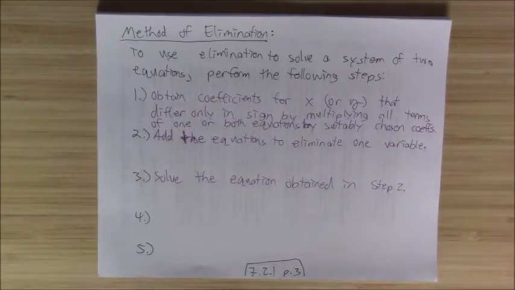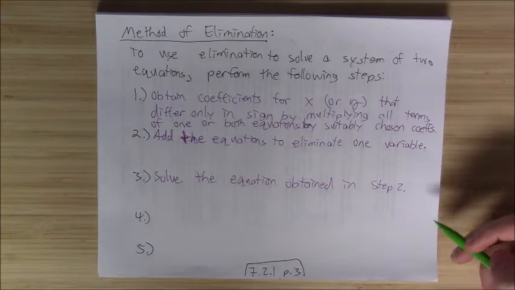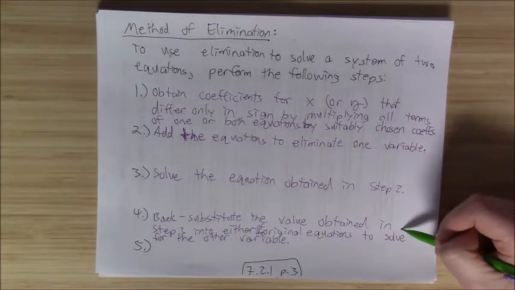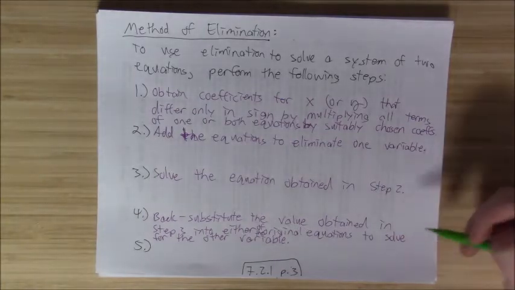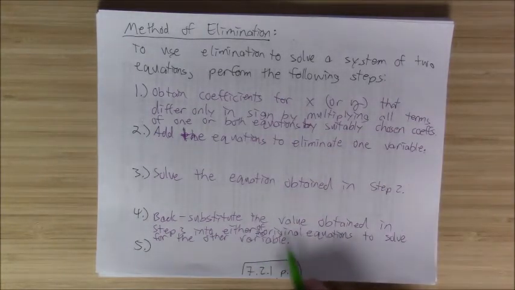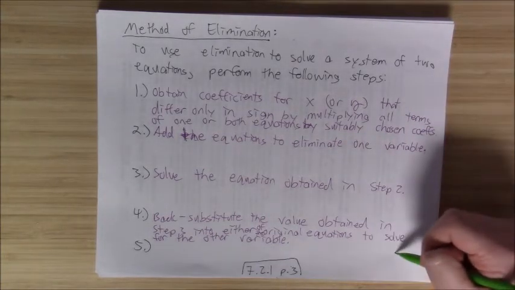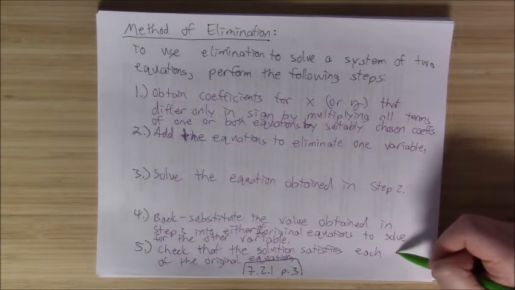Then you back substitute that value into either of the original equations to solve for the other variable. Finally, as always, we must check that our solution satisfies each of the original equations.